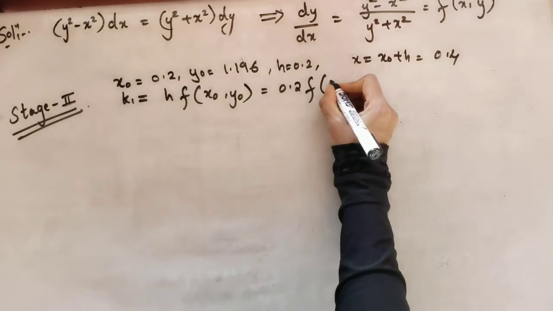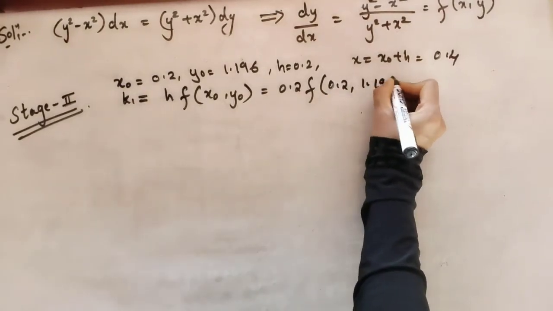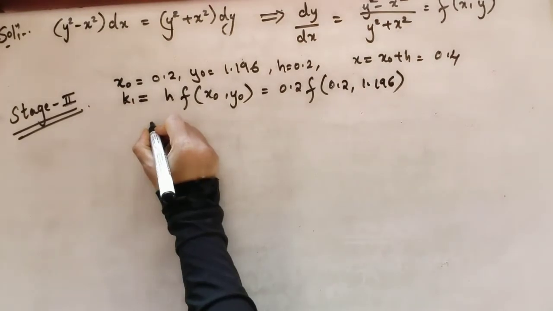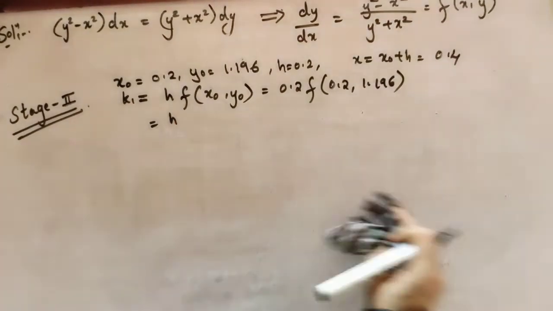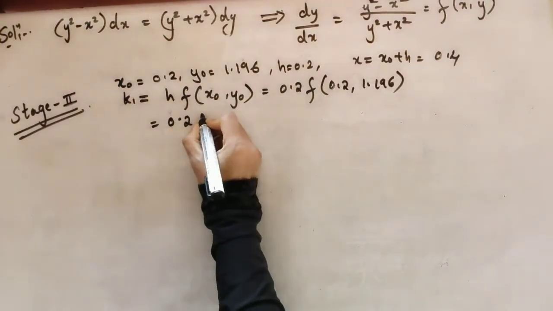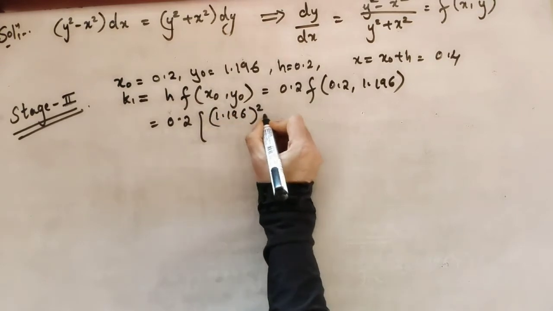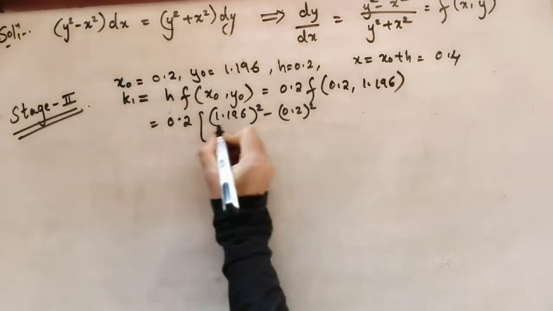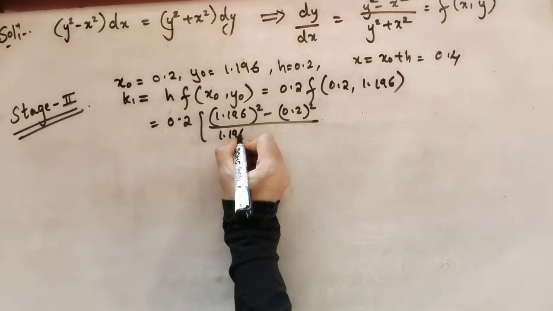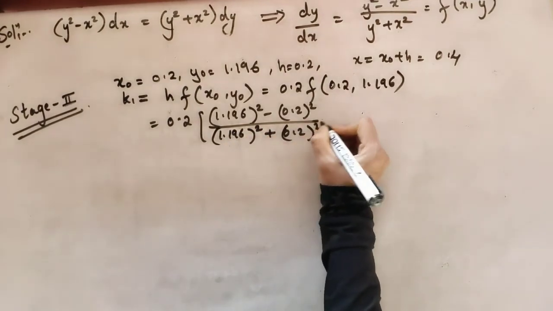So here x naught is 0.2, y naught is 1.196. Do the substitution in the definition of f. It's 0.2 into 1.196 square minus 0.2 square divided by 1.196 square plus 0.2 square, is it?